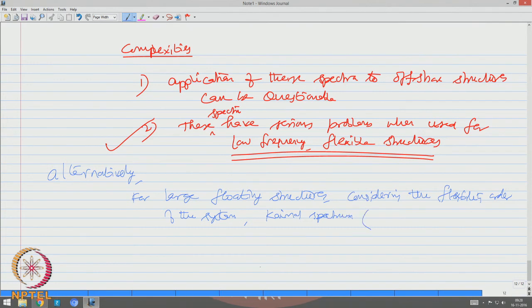So, the spectrum as recommended by Derby and Hansen in 1997 is an alternate spectrum used for large offshore structures.